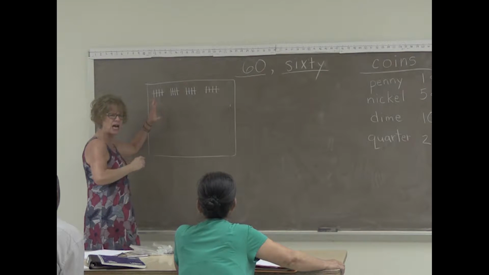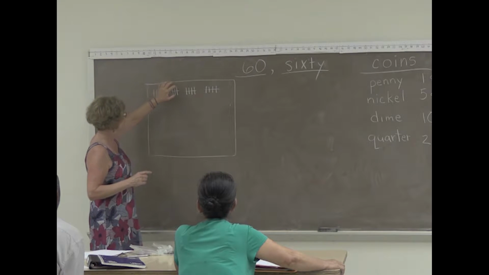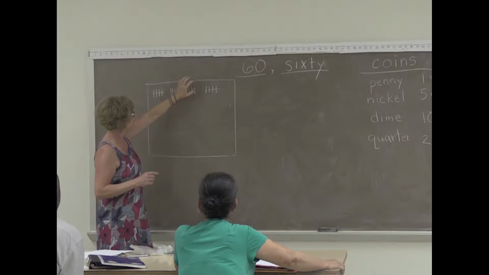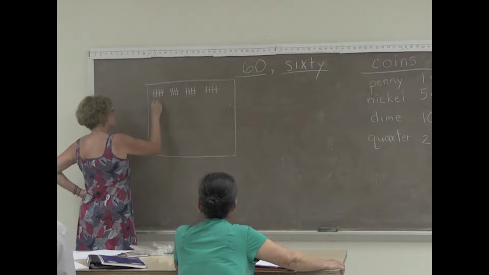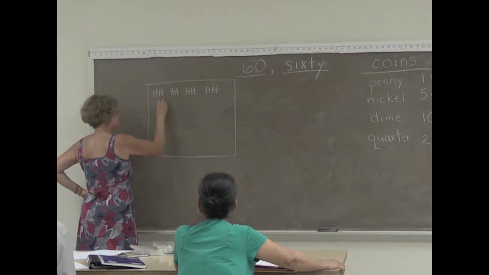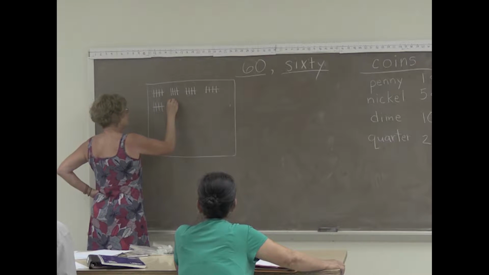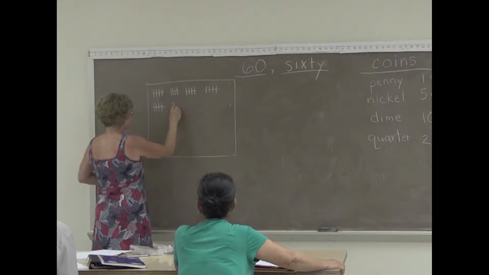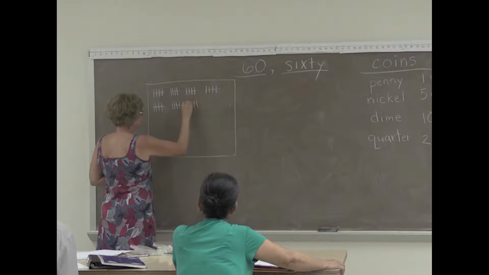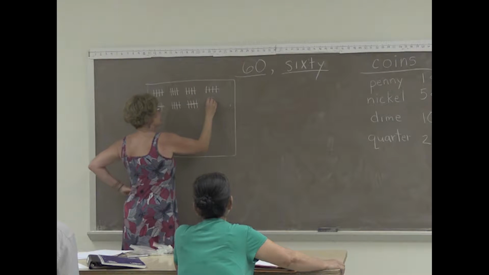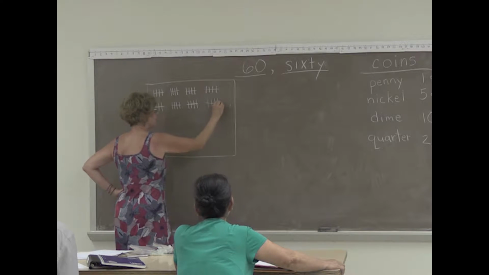Let's count by 5s. 5, 10, 15, 20, 21, 22, 23, 24, 25, 26, 27, 28, 29, 30, 31, 32, 33, 34, 35, 36, 37, 38, 39, 40.